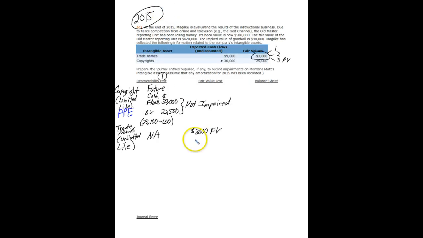So let's go back, take a peek. Book value has been $10,000. And we can see there's a loss, right? So we're going to go down here and make a journal entry, loss on impairment.